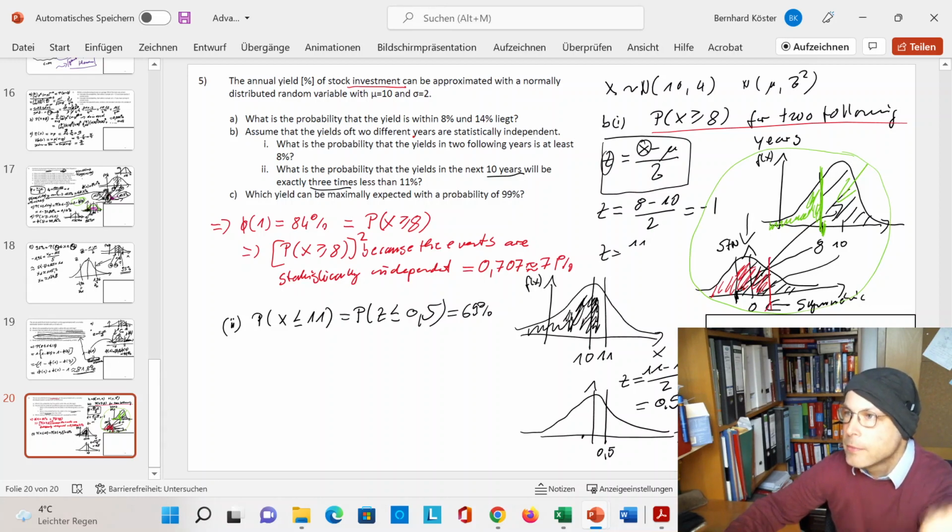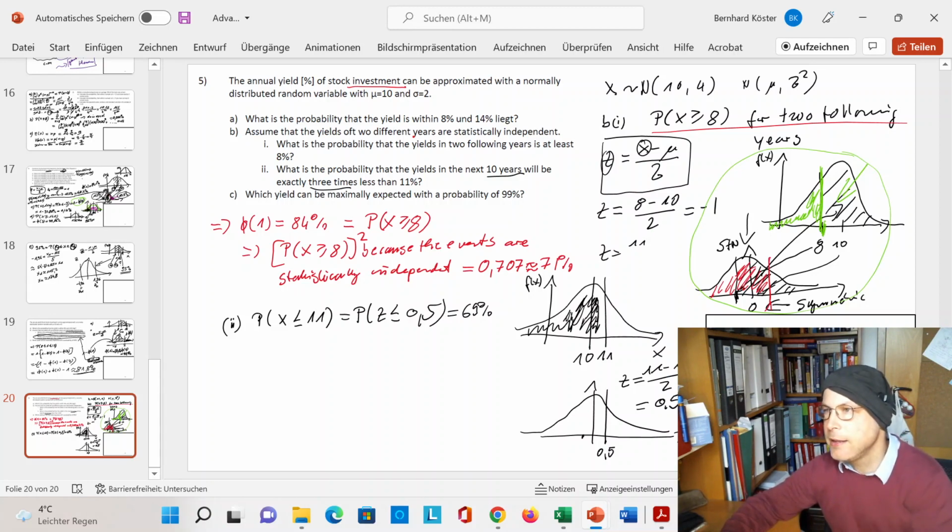So this could be the first, the second, and the third event. This could be the first, the second, and the fourth event, the first, the second, and the fifth event, and so on, and so on, and so on. But we have a formula for that, because one of these Bernoulli guys did this for us in the 18th century. These are the so-called binomial coefficients.